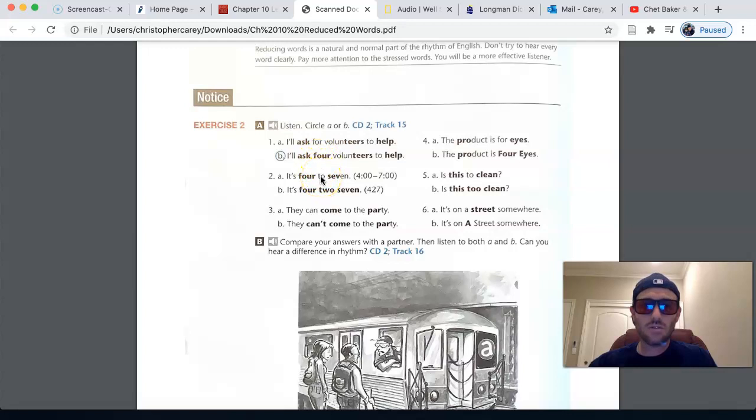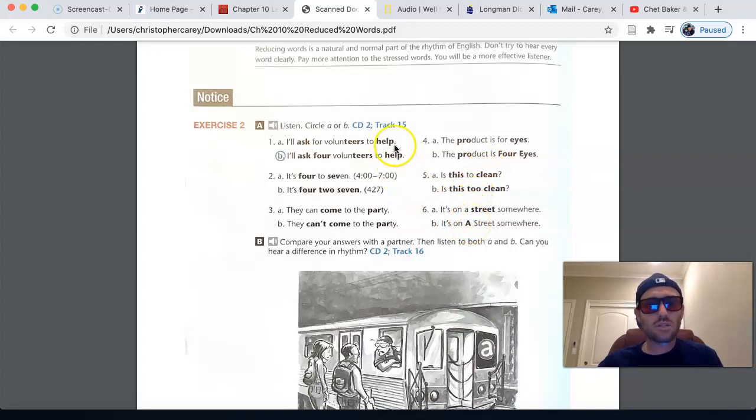Unstressed, stressed. So if you feel like that word isn't clearly pronounced, that there's not stress there, then it probably means it's reduced. For all of these, A is unstressed or reduced, and B is stressed.